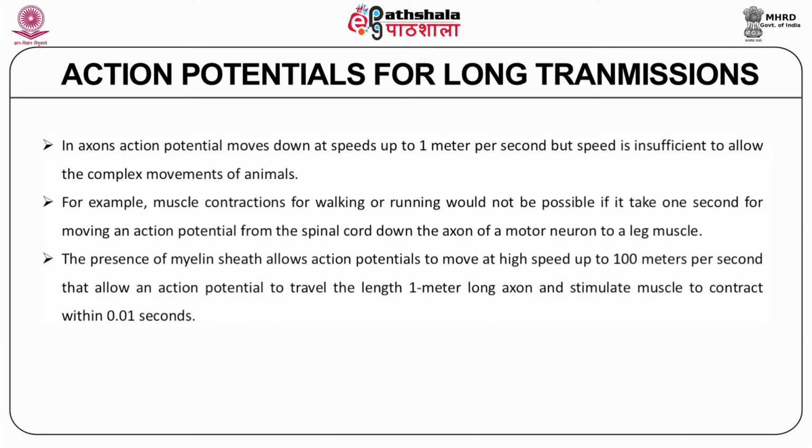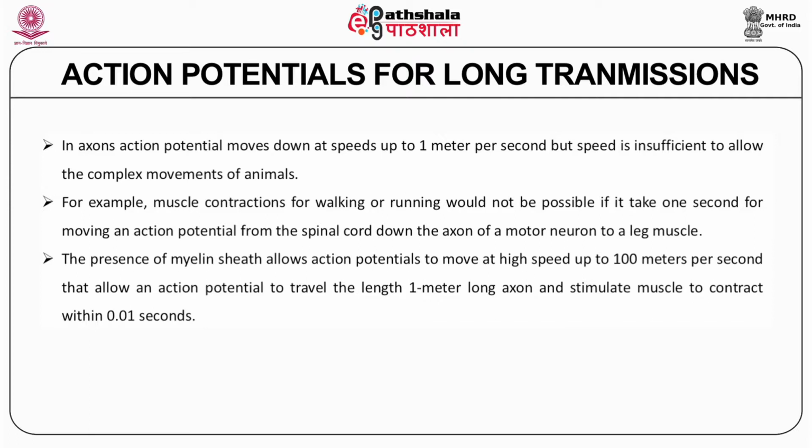In axons, the action potential moves down at a speed of up to 1 meter per second in non-myelinated axons, but this speed is insufficient to allow the complex movement of animals. For example, muscle contraction for walking or running would not be possible if it took 1 second to move an action potential from the spinal cord down the axon of a motor neuron to a leg muscle.